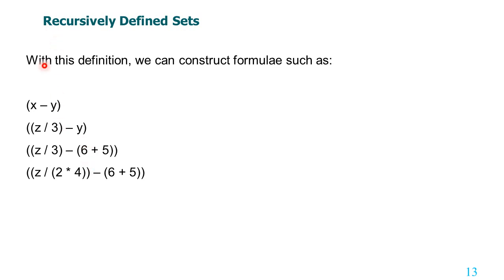In the first formula, we use the recursive step one time, here twice the recursive statement is used, here thrice, and here we use 4 steps. If we go on increasing the recursive steps, we can create many more, complicated formulas.